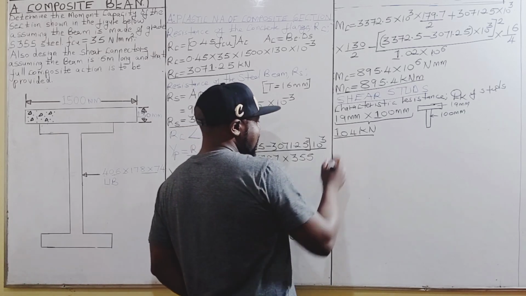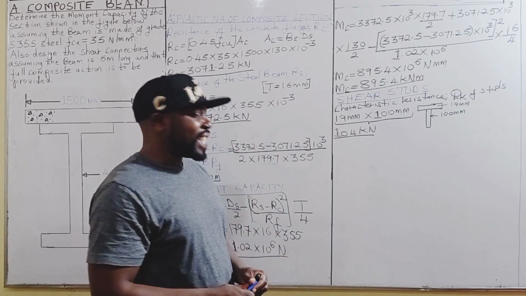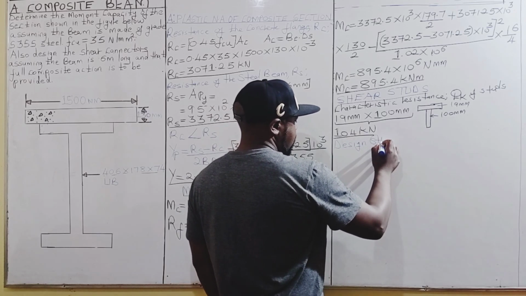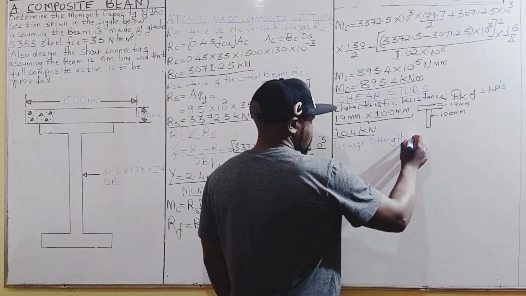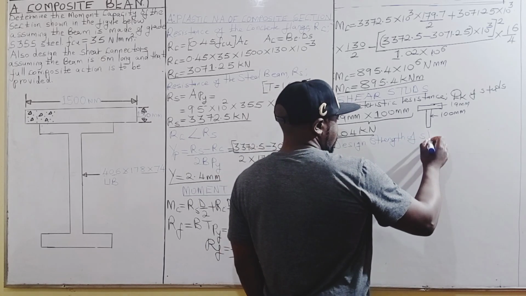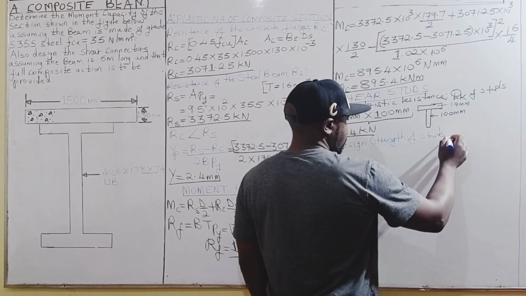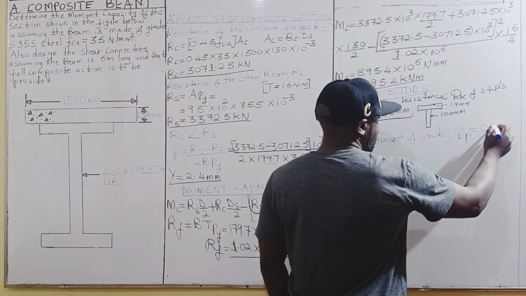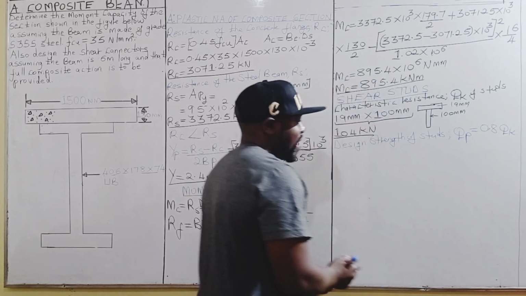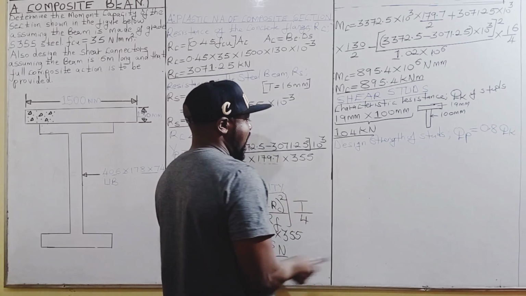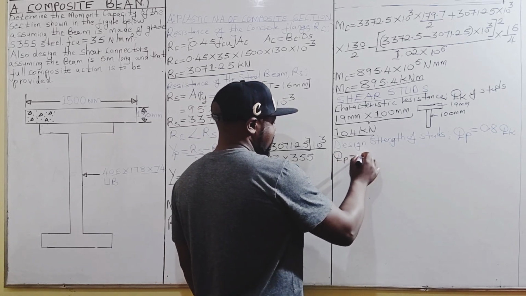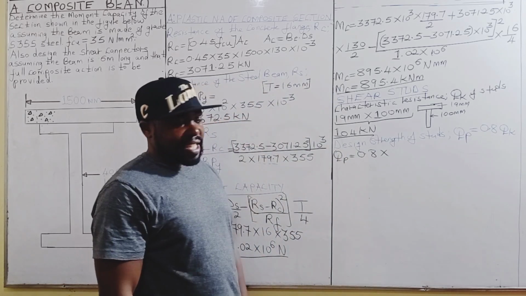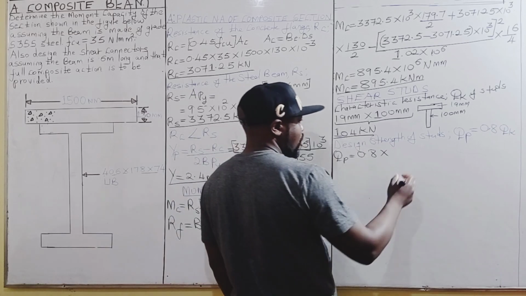And therefore, the design strength of studs, that is QP, will be given by 0.8 QK, that is the characteristic resistance of the studs, which is 104 kilonewtons.